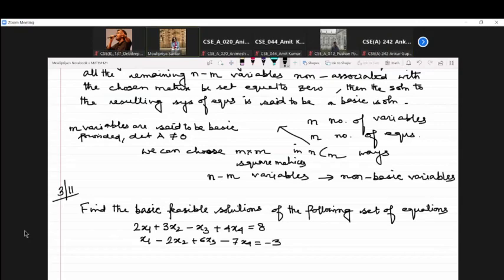Okay, so this is what we are given, a system comprising of two equations and four variables. We are required to find out the basic feasible solutions.